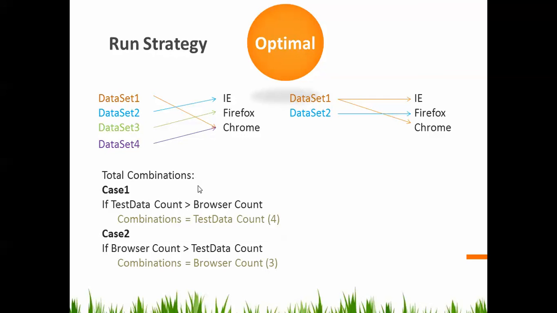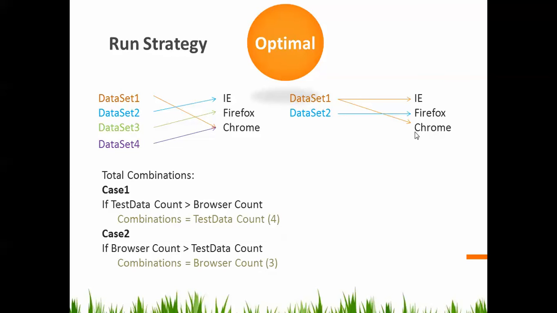If you see the total combination of test cases, if we calculate case 1, if the test data count is greater than the browser count, then combinations are 4, because 1, 2, 3, 4 are the maximum possible combinations, and each one will execute with one browser, and the fourth data set will execute with any one of these browsers. In the second case, if the browser count is greater than the test data count, the combination will be the browser count, because here we have 3 browsers.